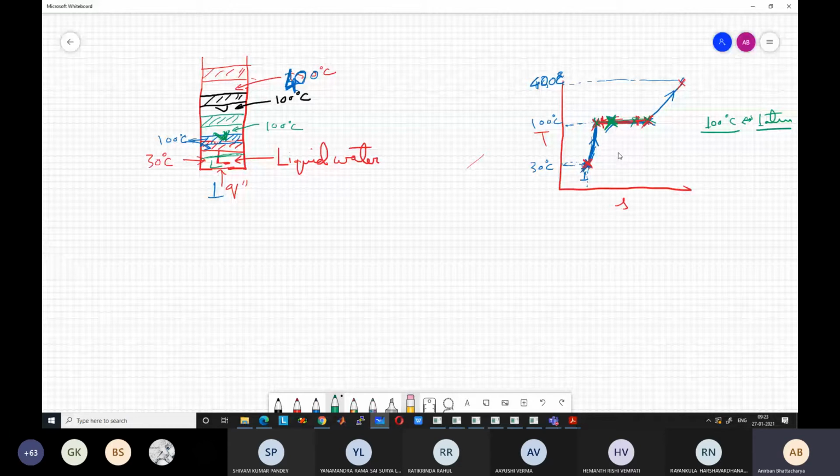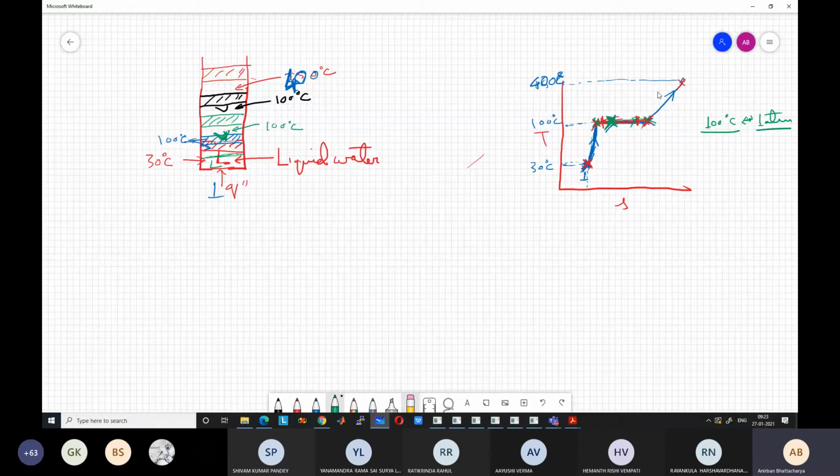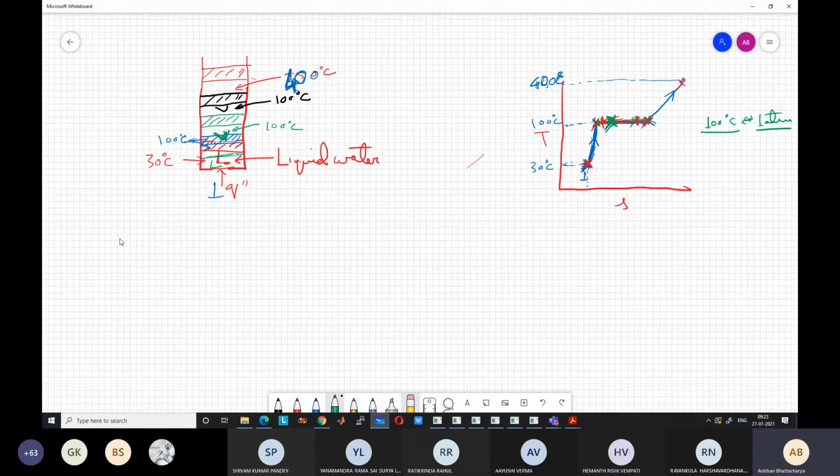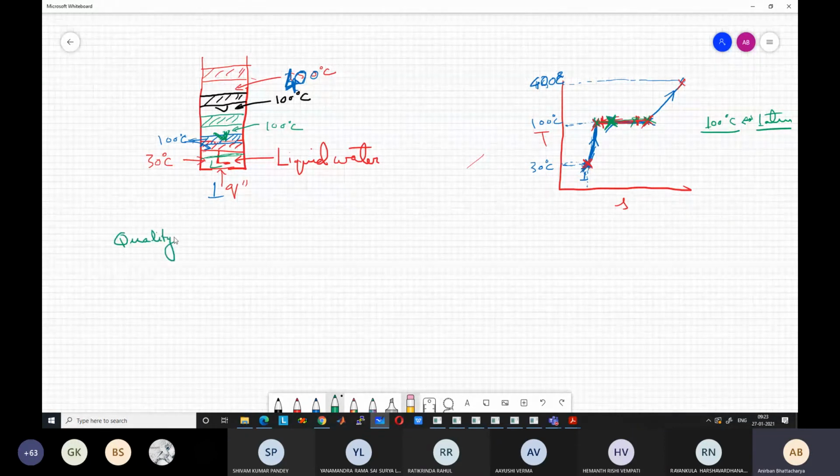One of the important independent properties which is used for these two-phase studies is known as quality, and it is denoted by X. You will be encountering it a lot in this course. Quality X. What is the meaning of quality? You must have studied, but let me revise.